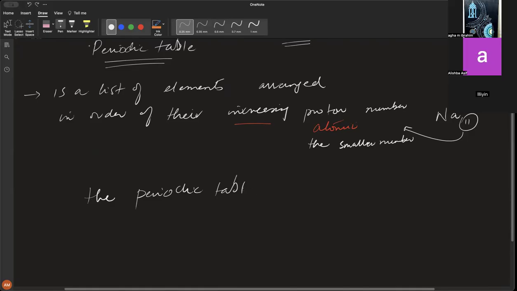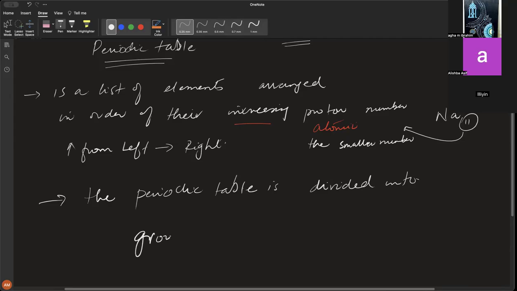You can write here: increasing from left to right. The periodic table is divided into groups and periods.